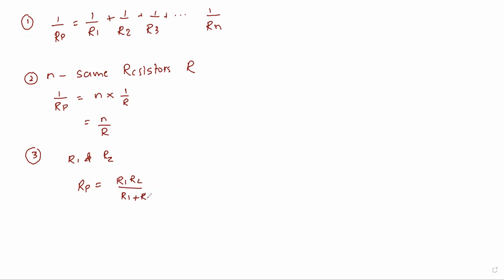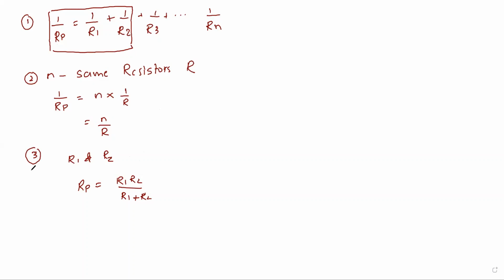How did I arrive at this expression? Very simple mathematics, that is LCM. Consider only the expression 1 by Rp is equal to 1 by R1 plus 1 by R2. Do the cross multiplication, take the LCM, and you will arrive at this expression. So this is the third case.